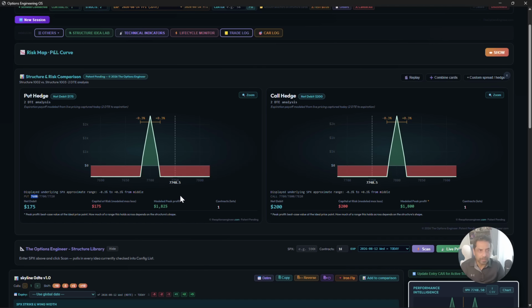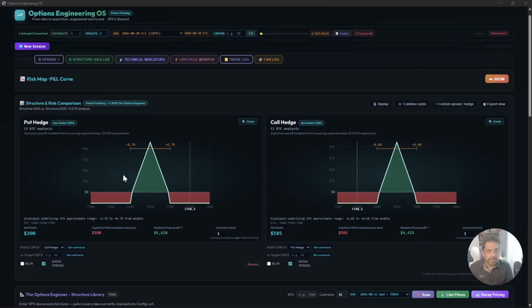So 30 points from the spot, and similarly the butterfly on the call side or the upside is 7780, 7800, and 7820. We can see the net debit for the upside butterfly is higher than the net debit for the downside butterfly. These are balanced butterflies, so these could also be a credit butterfly. In that case, the credit would be different in the two butterflies.